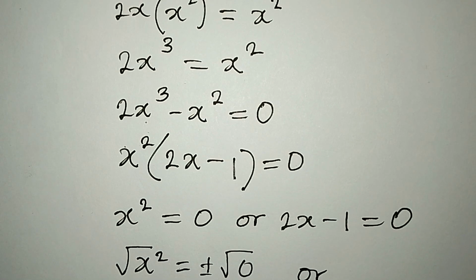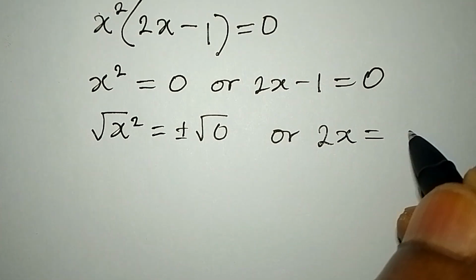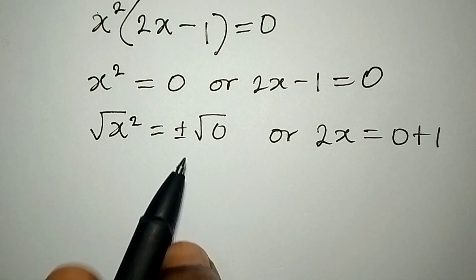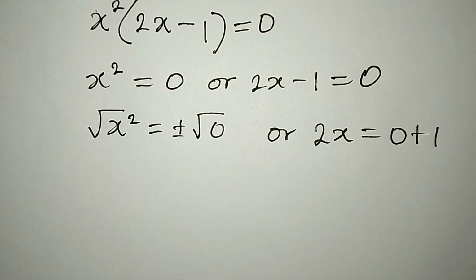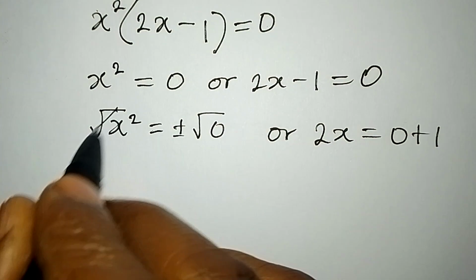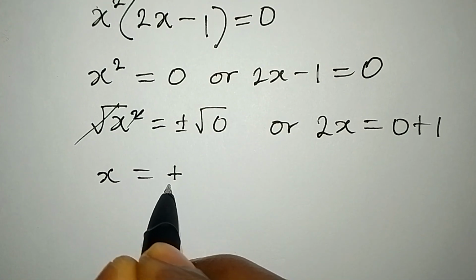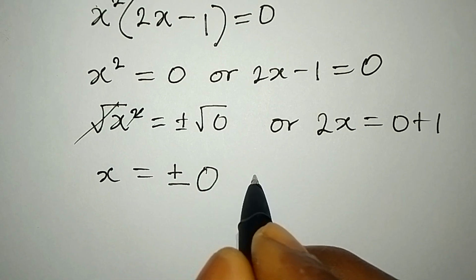Or on this side, 2x will be equal to 0 plus 1. From here, plus or minus square root of 0. So x will be equal to plus or minus square root of 0, which is giving us 0, right?